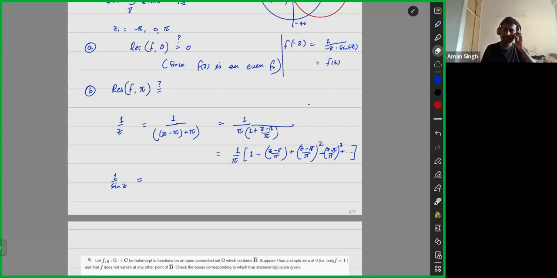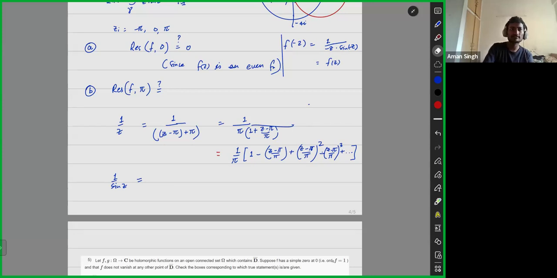So the idea you are telling is already used here in the first part, in the expansion of 1 by z. In the expansion of 1 by sine z we need something else. Now how to do that? Let me see.